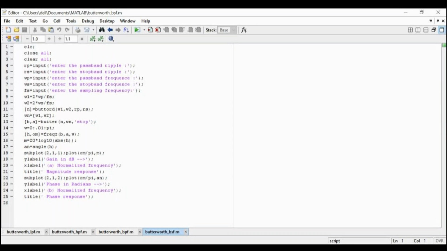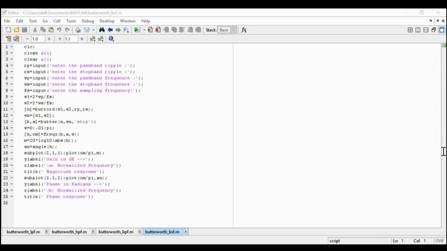The last type of filter is the Butterworth band stop filter. So this is the program for the band stop filter.